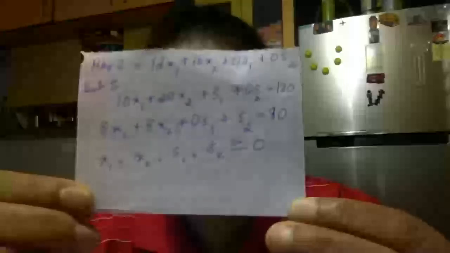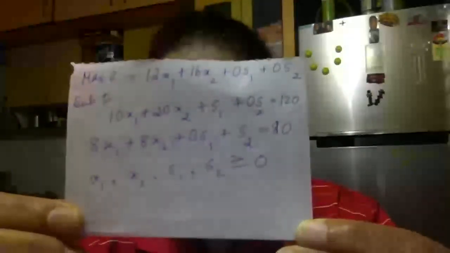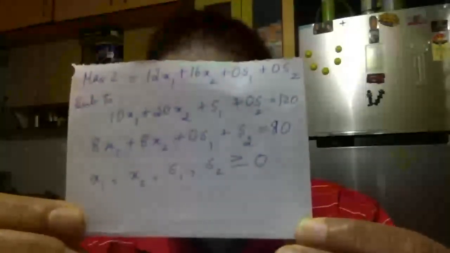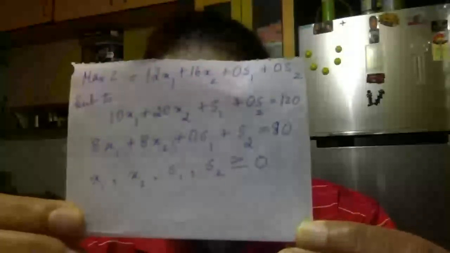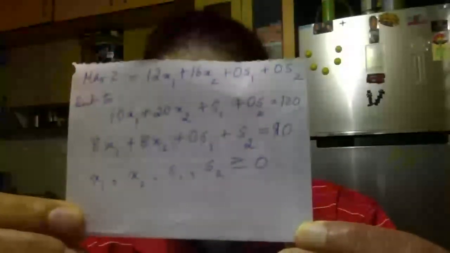I repeat, I am going to fill the row S1 with the coefficients of the first constraint: 10 for x1, 20 for x2, 1 for s1 and 0 for s2. Clear? Now you fill it there. In the S1 row, I am writing 10, 20, 1 and 0.